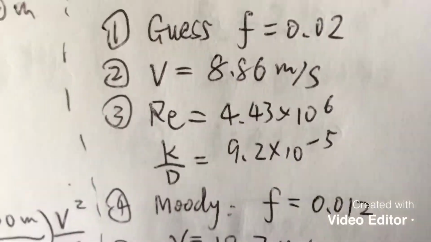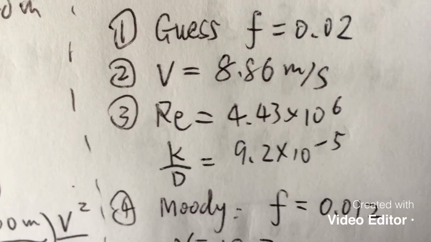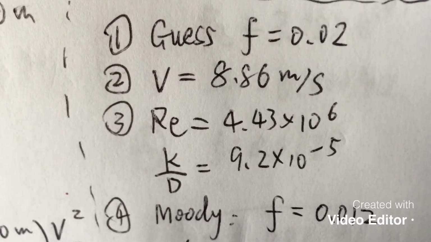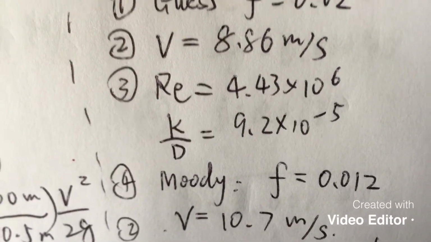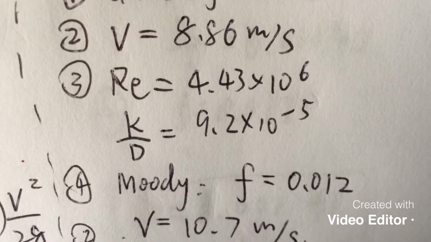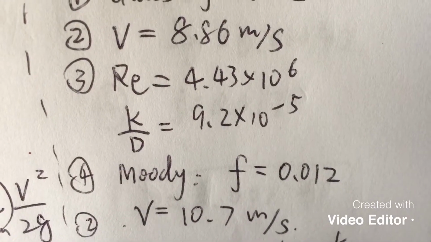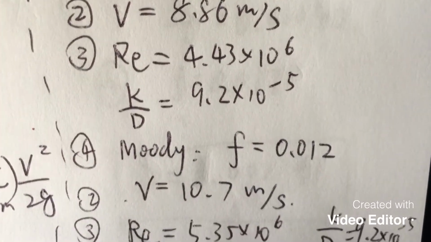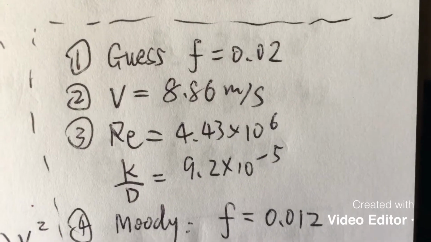Well, it might not be the final answer yet, but it's better than the initial guess, right? So now you have a new F value. With this new F value, you can use this equation again to find a newer V value, velocity, 10.7 meter per second. A little bit better one. That's the same procedure following steps 1, 2, 3, right?